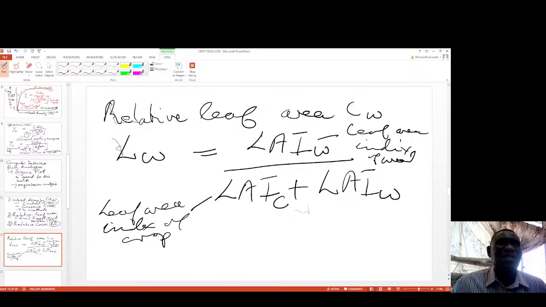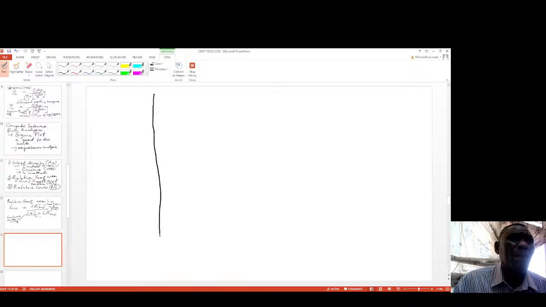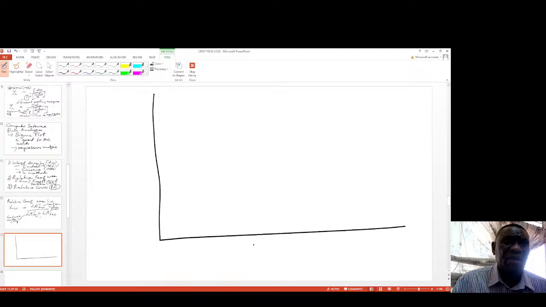Because simply counting weeds could be easy. Measuring leaf area maybe it's something else. So if you draw a graph to relate relative leaf area to yield loss, we just go straight to yield loss. So LW, this is the relative leaf area.